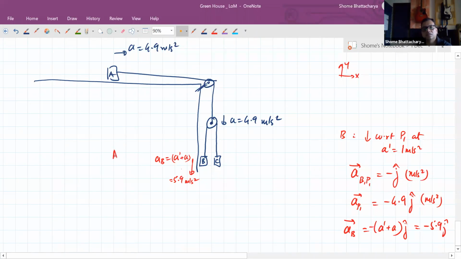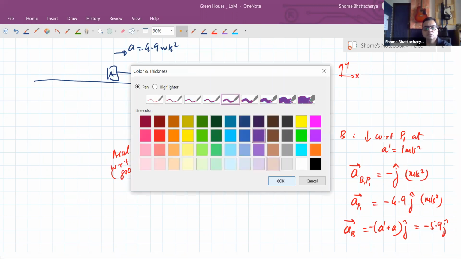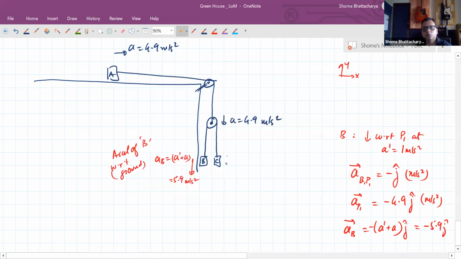So this is the acceleration of the block B with respect to ground. Similarly, the block C with respect to ground, what will its acceleration become? Its acceleration will be downwards, but it will be A minus A prime. So it will be about 3.9 meters per second square.